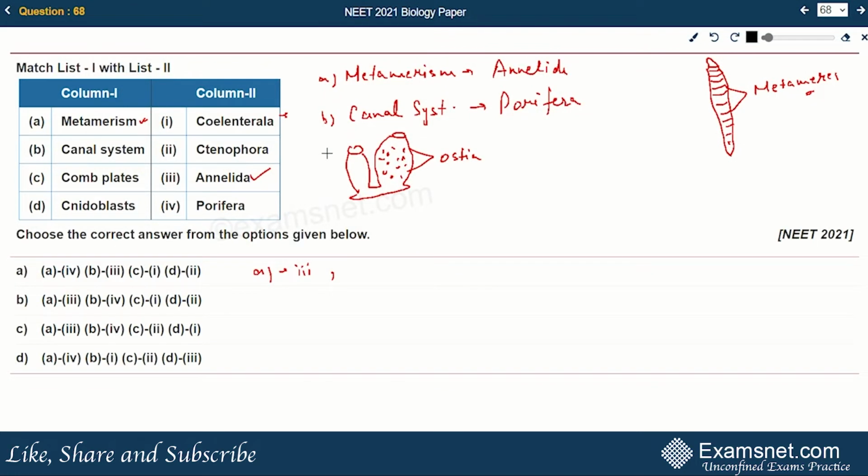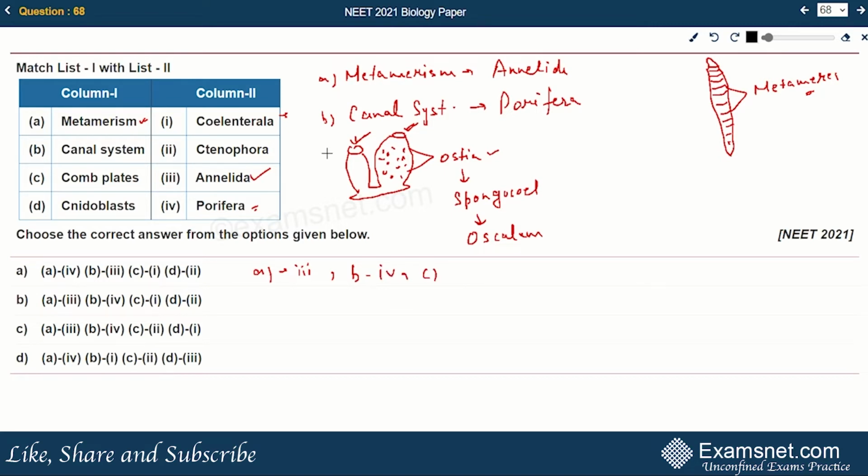Water enters into the body through the ostia, then enters the central cavity known as spongocoel, and then water moves out through the larger pore known as osculum. So this system is the feature of Porifera, and the correct match for B will be number 4.